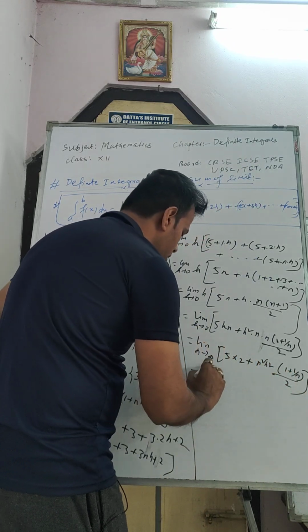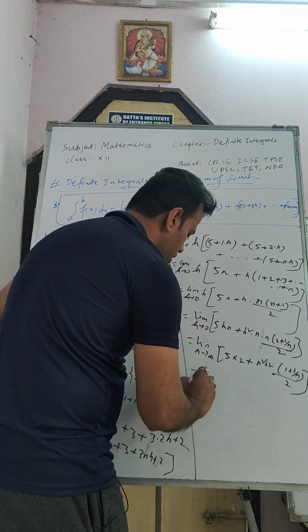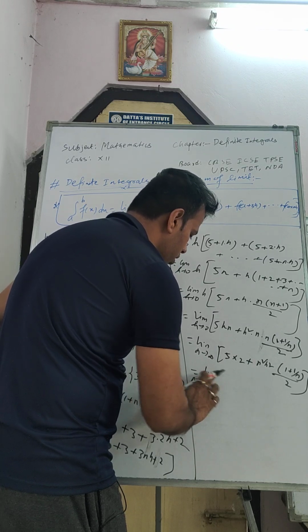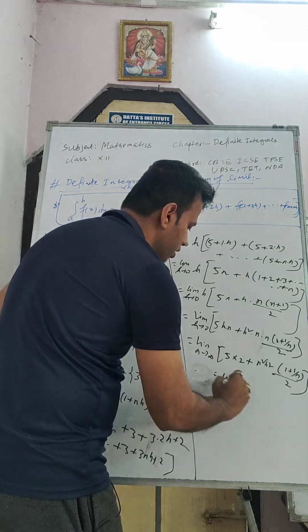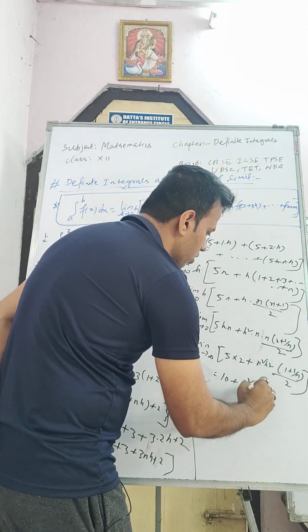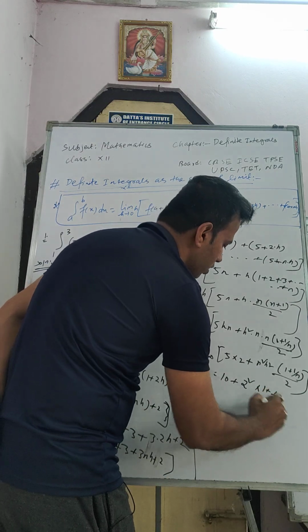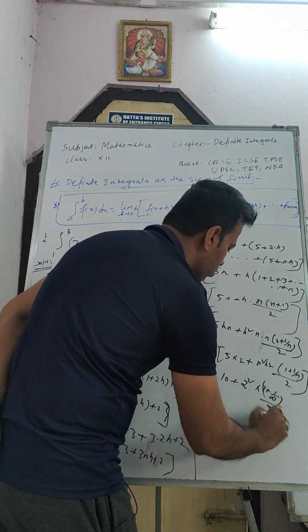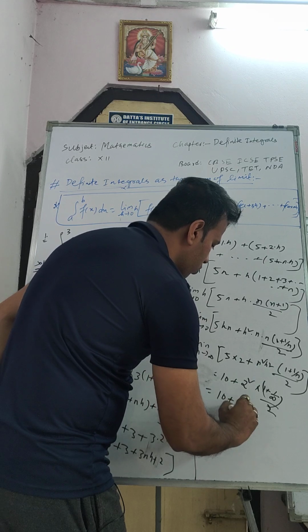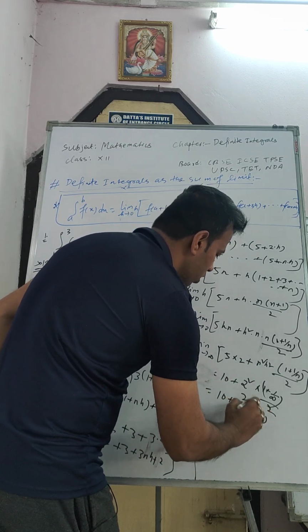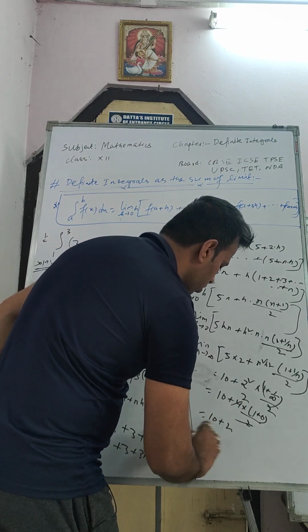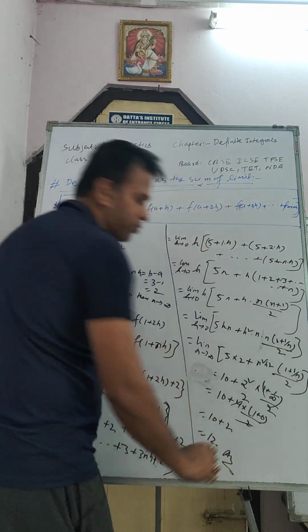Now I can put the limit here. It will be 10 plus 2 square into (1 plus 1 by infinity) by 2. So 10 plus 4 into (1 plus 0) by 2, it will be 2. So 10 plus 2, its answer will be 12.